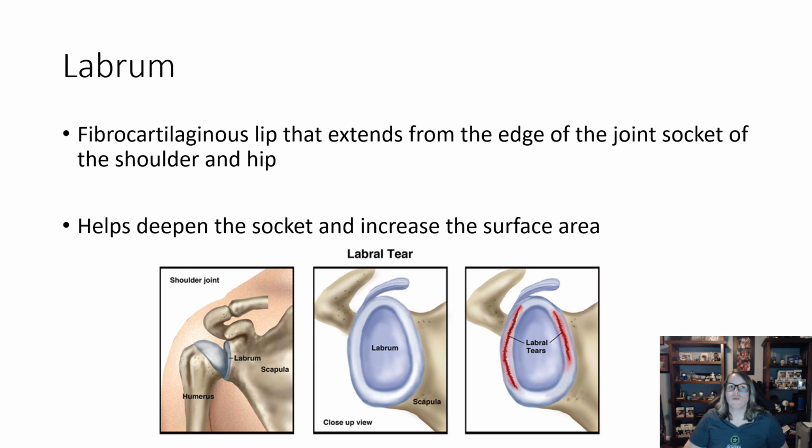Now there's another structure we can see in some synovial joints, particularly in the shoulder and in the hip, and these are called labrums. Labrums are little ridges, edges of fibrocartilage that help deepen the socket of the joint. Now, in the shoulder, that's really important, as we'll see in the next video. Your shoulder, that glenohumeral joint, the glenoid cavity, as you guys have seen in lab, is very, very almost flat.